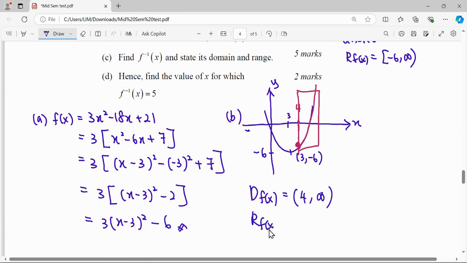Range for the graph, you need to know what your minimum value is here. So when x equals to 4, substitute into your function to find the coordinate.